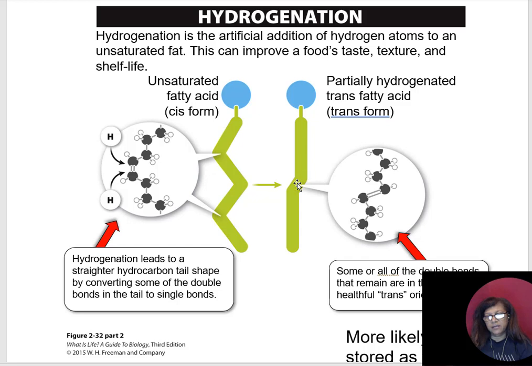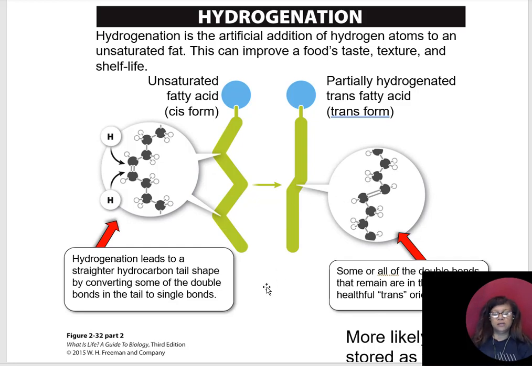Suddenly I'm getting a straighter conformation to my once unsaturated fatty acid, nice crooked conformation. Now when it's hydrogenated, it's becoming more and more straight, right? So this partially hydrogenated food is more likely to be stored as fat, right?